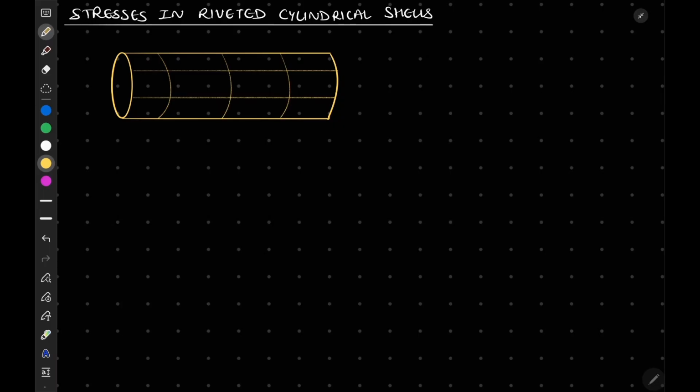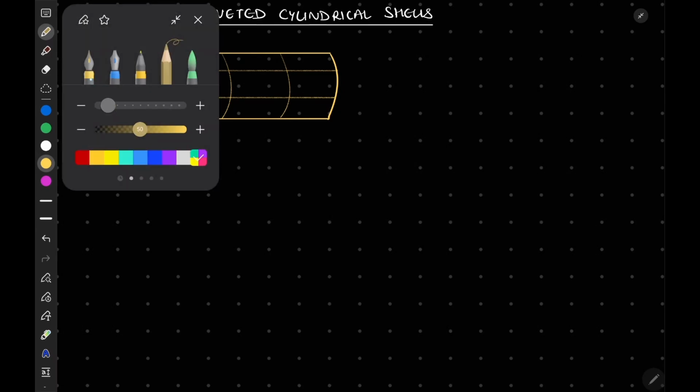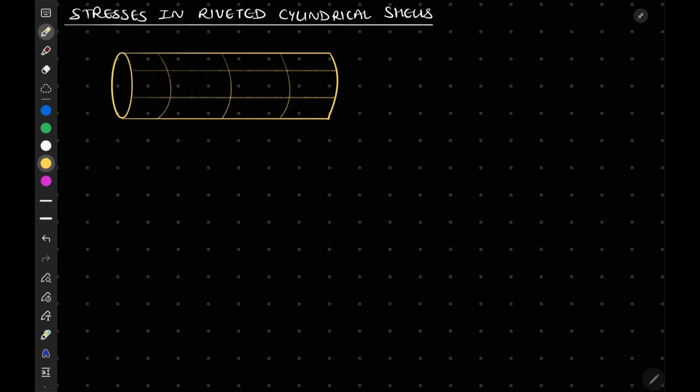These are, let's say, strips, and to hold them together you have installed some rivets. Now similarly everywhere, but let me draw it here only.